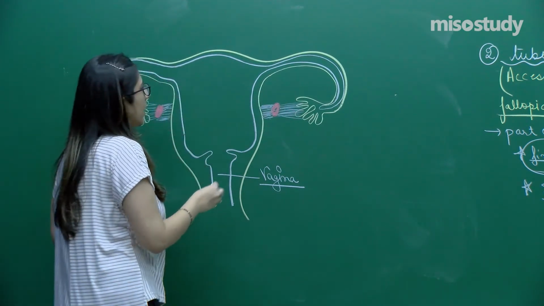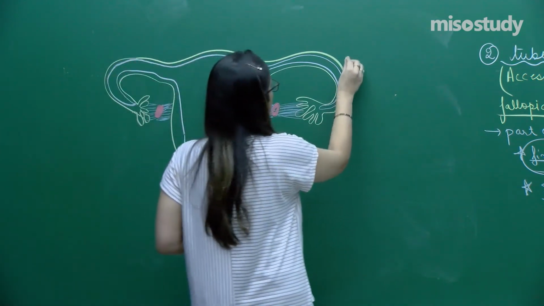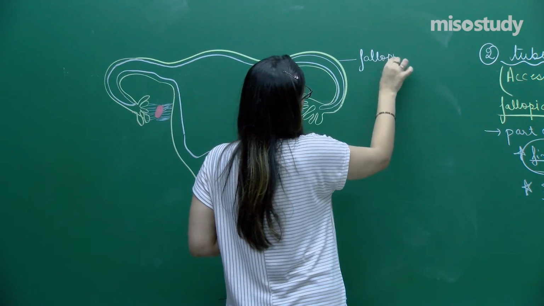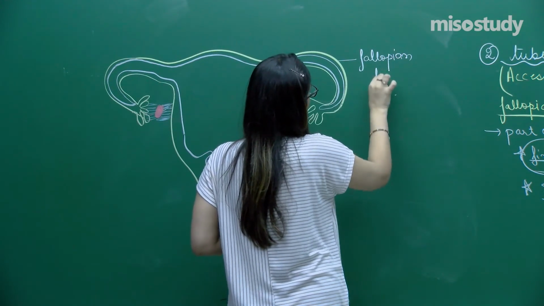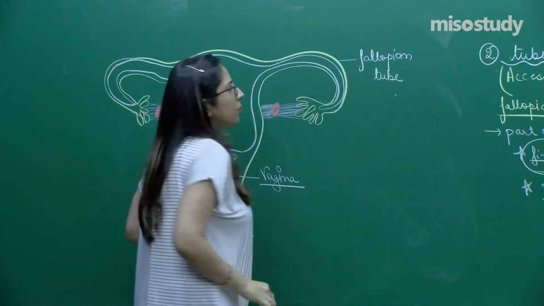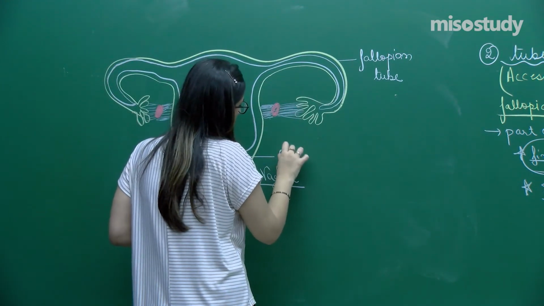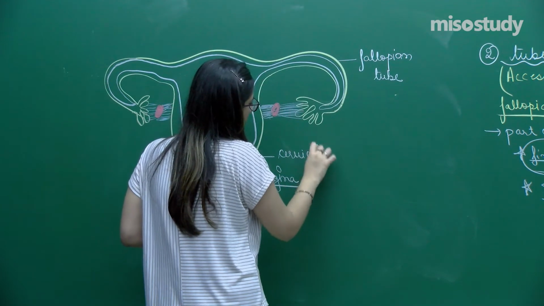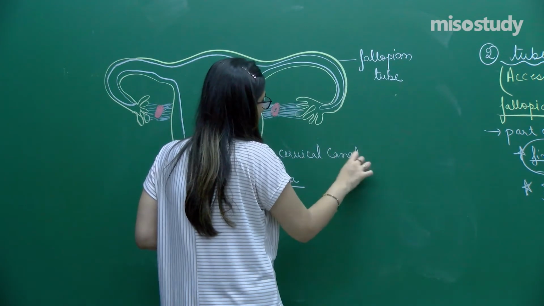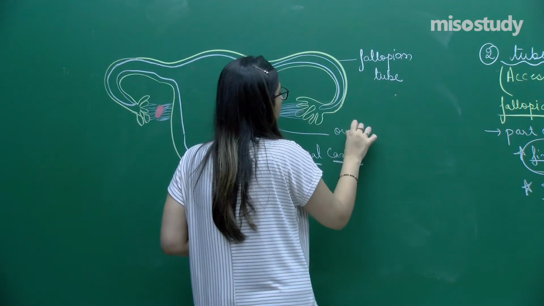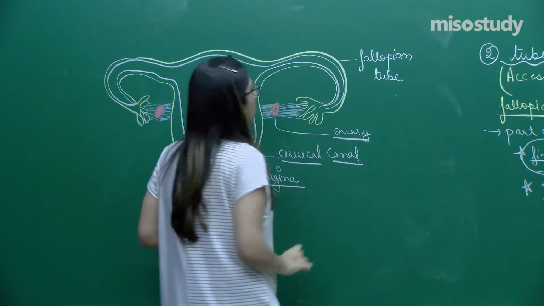Now, let's start labeling. This whole region is called as a fallopian tube. This region is called as a cervical canal. This is called as a ovary. We have a pair of ovary present, one on both the sides.